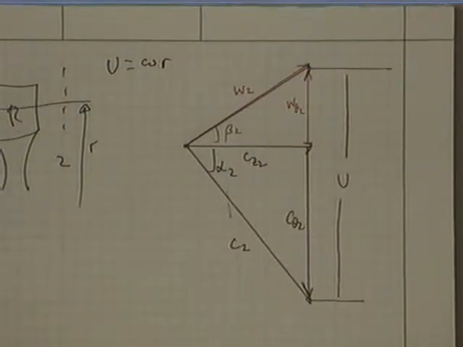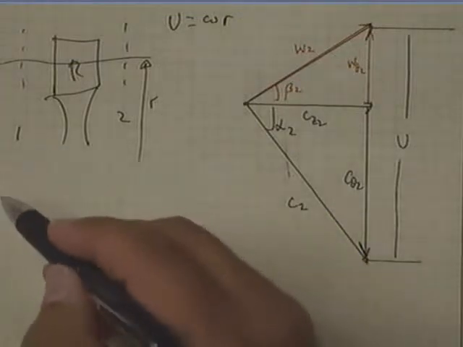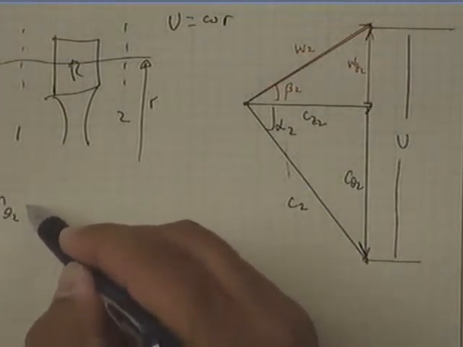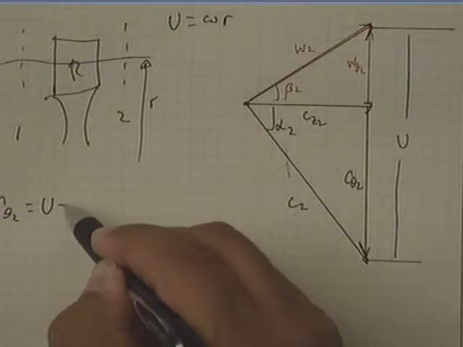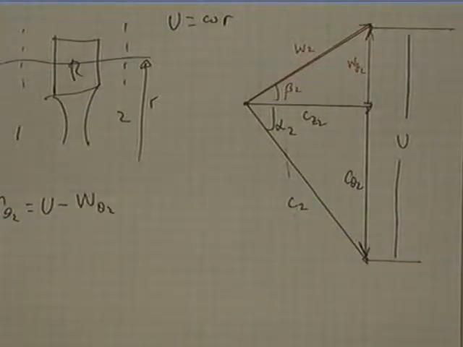Okay, so just from this geometry, we can say that C theta 2 is equal to U minus W theta 2. That seems to be obvious.